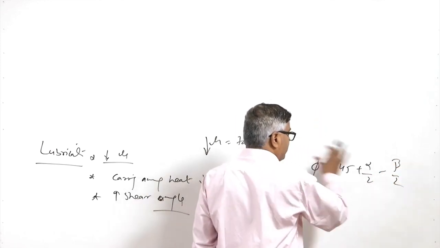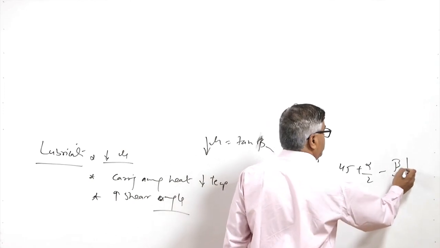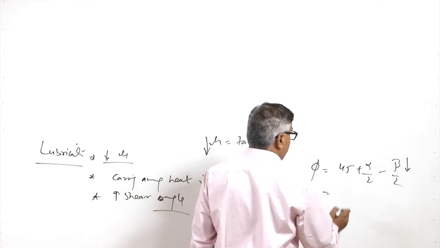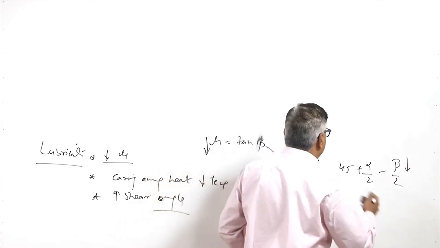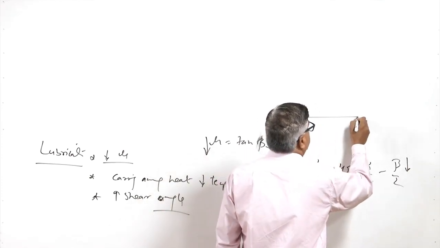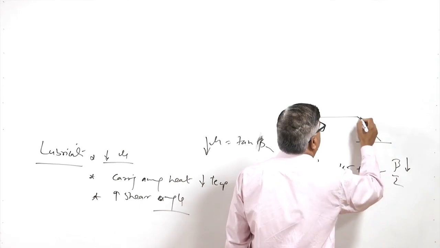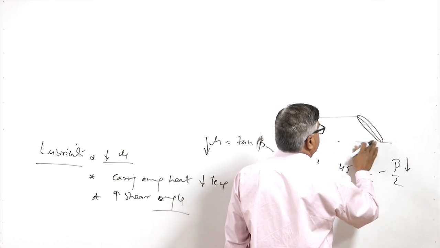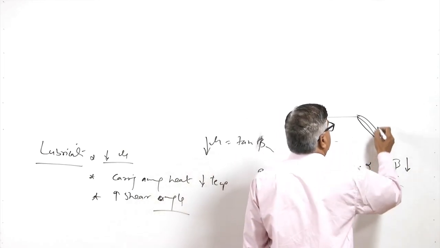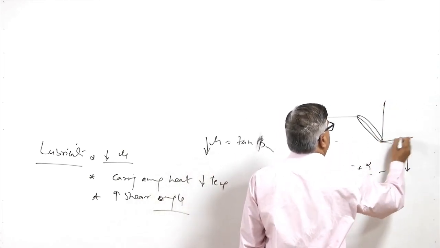So, for a given rake angle, if the beta value is reduced, it will help in increasing the value of phi. We know that if the shear plane angle is increased, it reduces the shear plane area which is required to be sheared off during machining, as compared to the case when the shear plane angle is low.